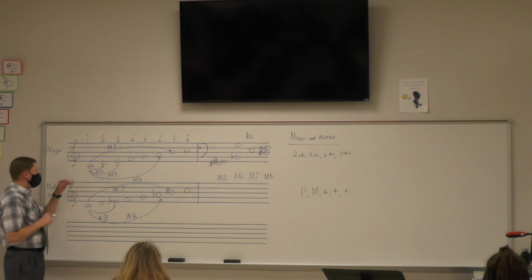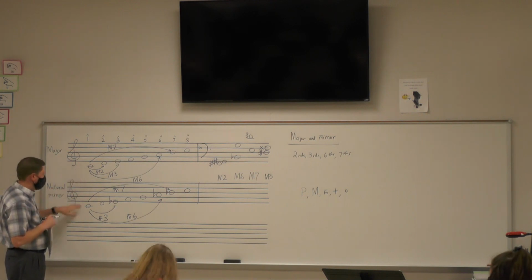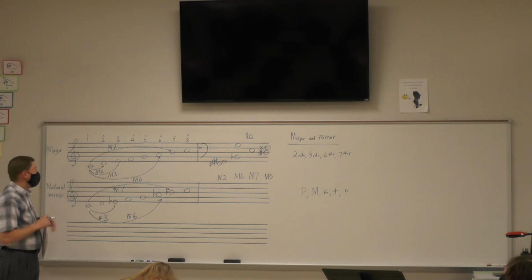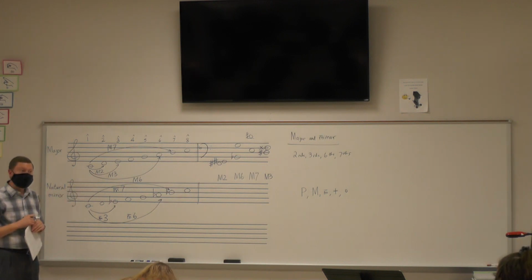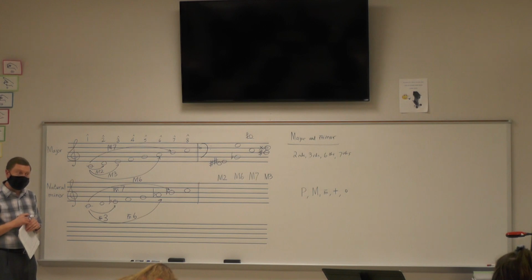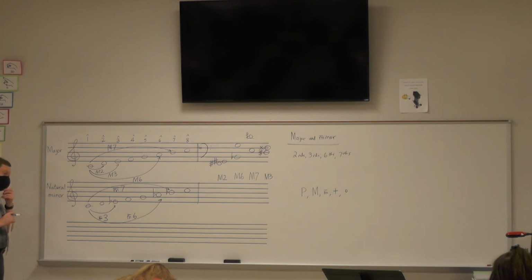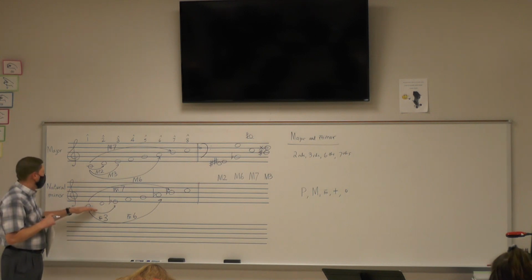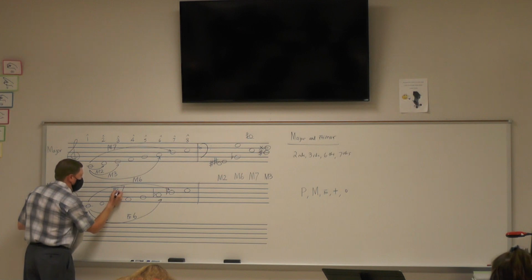And it doesn't matter whether you're dealing with a major scale or a minor scale, the distance between scale degrees 1 and 2 is always a major second. So we can't use that for comparison.